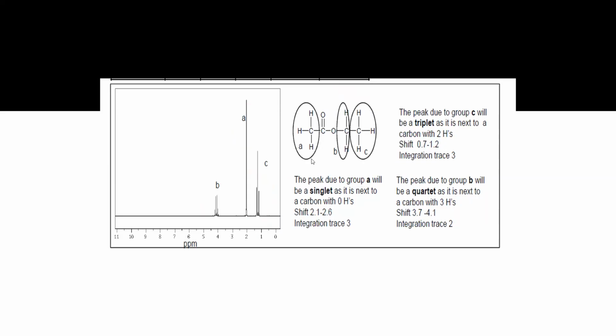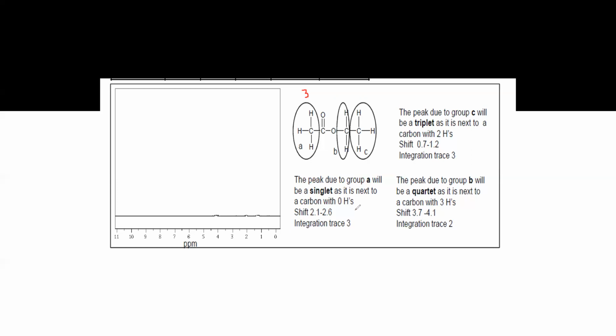Is it clear? That was high resolution NMR. If it was low resolution NMR, then what will we do? The only difference is that the number of hydrogens will be the relative intensity. That's it. This is having three hydrogens, environment A. Where is A?